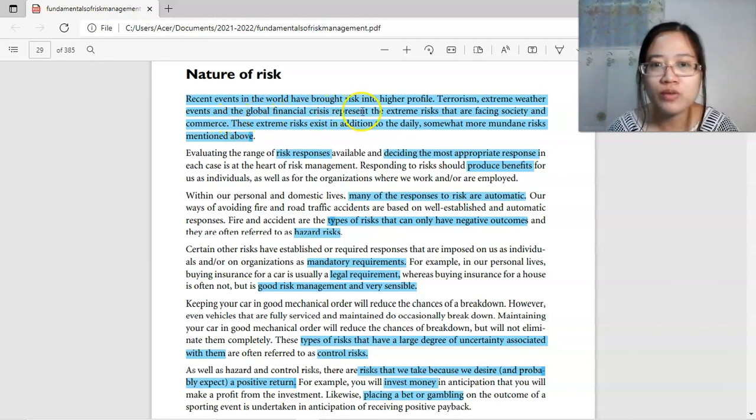And the global financial crisis represent the extreme risks that are facing society and commerce, okay? In a way, itong mga to, parehong affected yung business, and then the economy, the government, and the people, as a whole. These extreme risks exist in addition to the daily, somewhat more mundane risks mentioned above, okay?